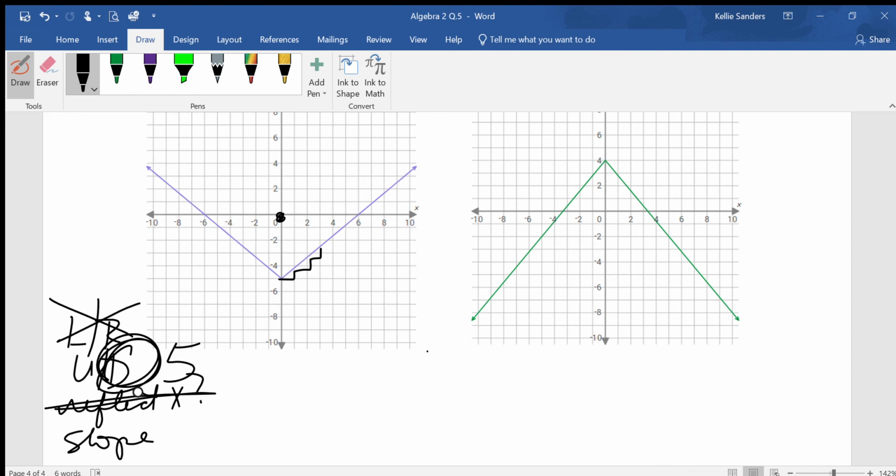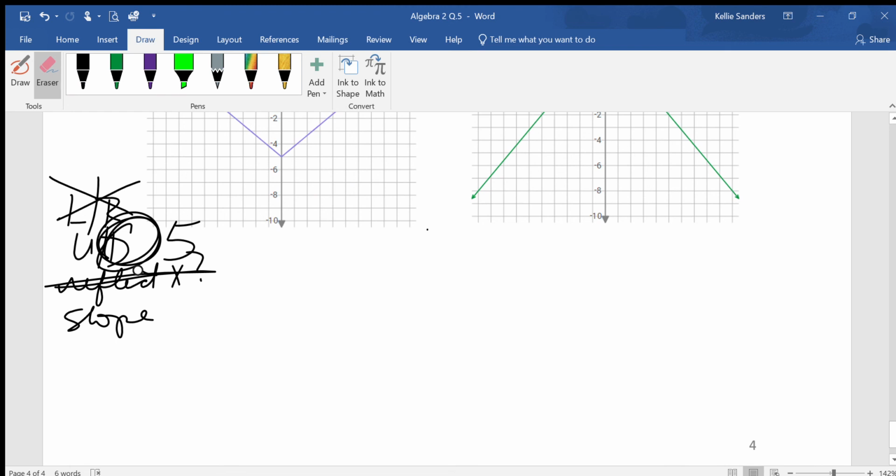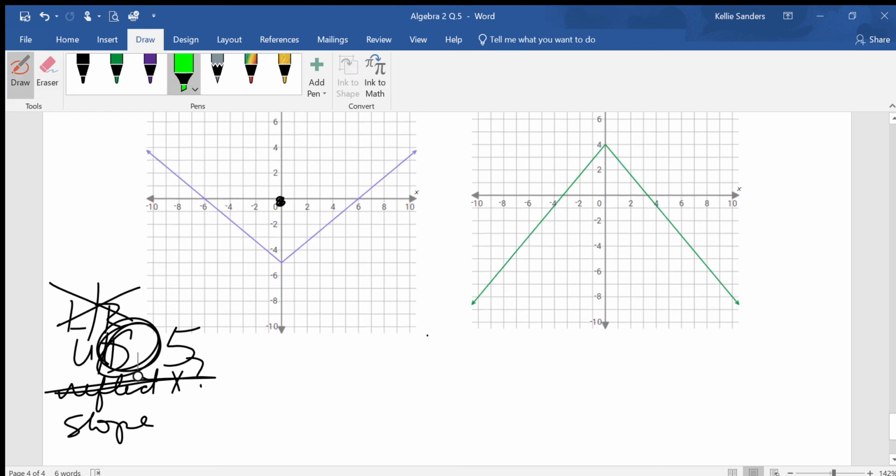See, it looks like it's a 1-to-1, but it starts getting off course. It doesn't hit another point until right there.